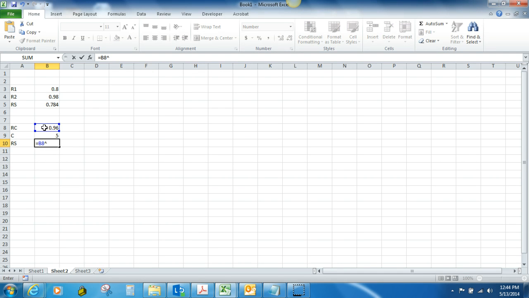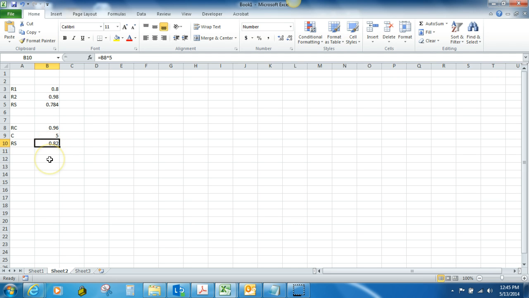That's just much easier than doing 96 times 96 times 96 and so on and so forth. So we would just do 96 raised to the 5th, and in order to do that, you're using your little caret here. That's the power symbol. And so this system would be 82% reliable.